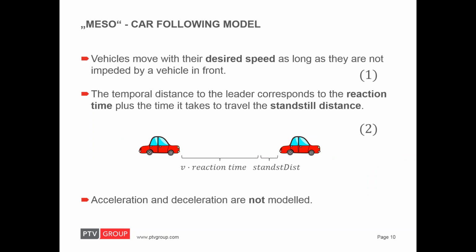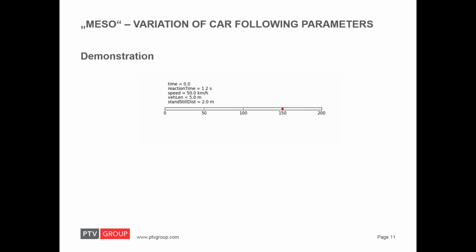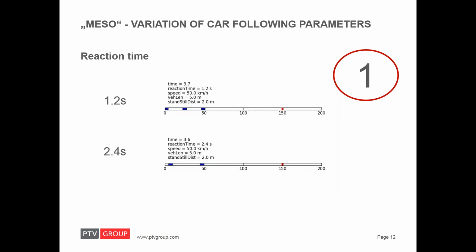To demonstrate the effects of these three parameters, I'll show you some simple animations with varying parameter settings. Vehicles move from the left to the right, and there's a traffic signal at about 150 meters where the vehicles may need to stop. First, we vary the reaction time. As we expect, the distance while driving is bigger, and we also see that the queue moves faster with a lower reaction time. Second, we vary the standstill distance.